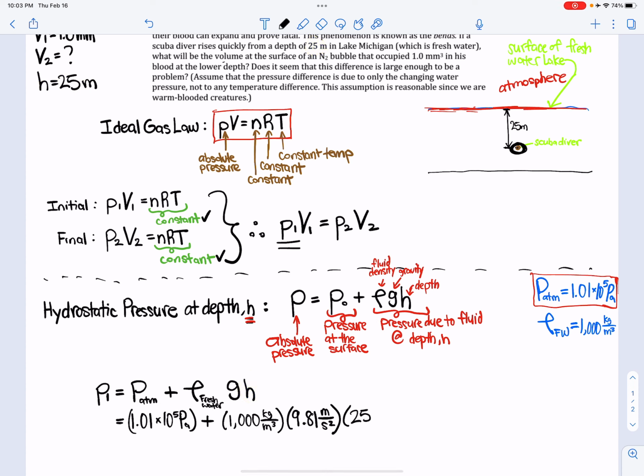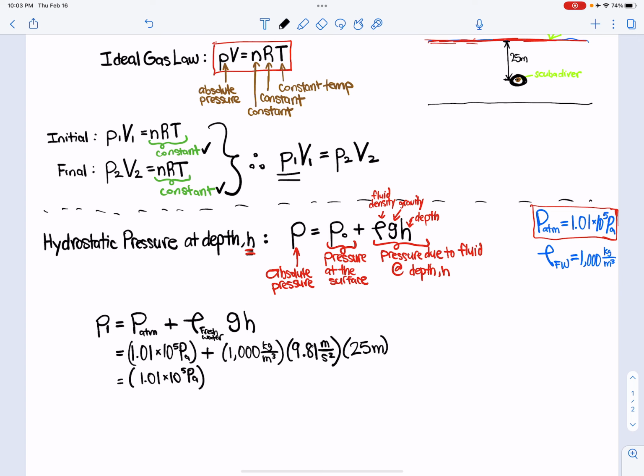And if I plug that all in the calculator, well, first of all, let's look at our units, right? So we've got 1.01 times 10 to the 5 pascals, plus we're going to get kilograms over meters squared, or kilograms over meter times second squared, right?